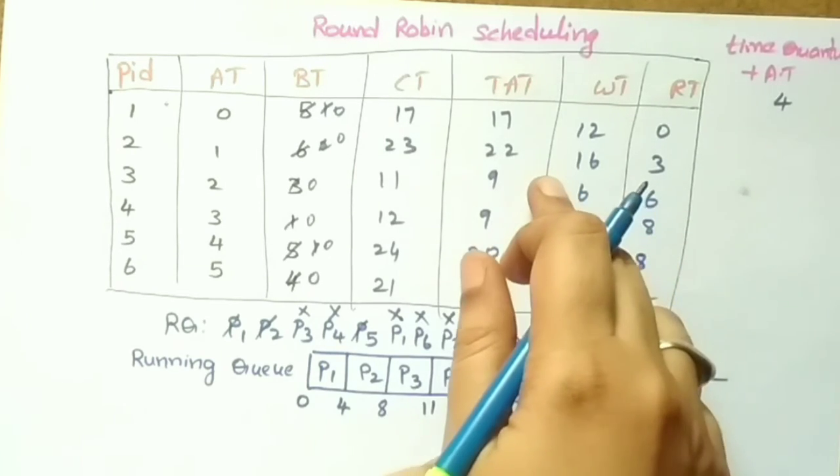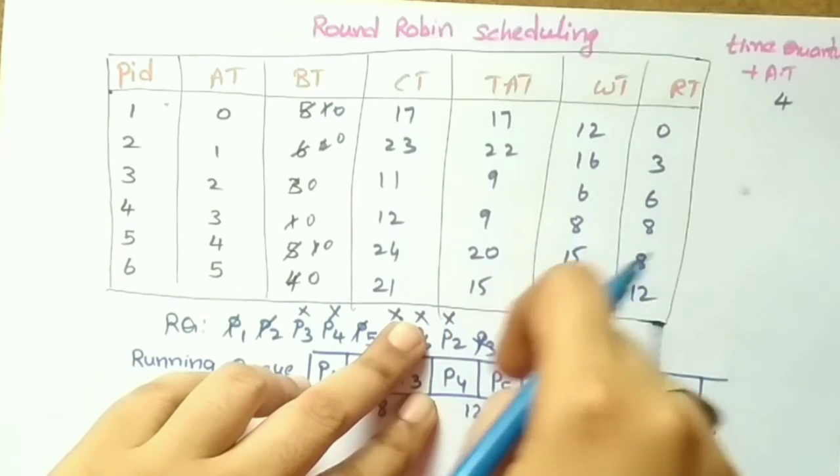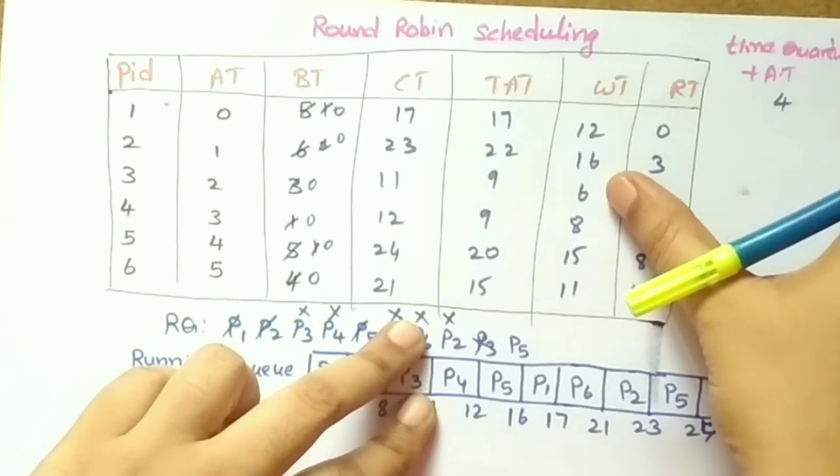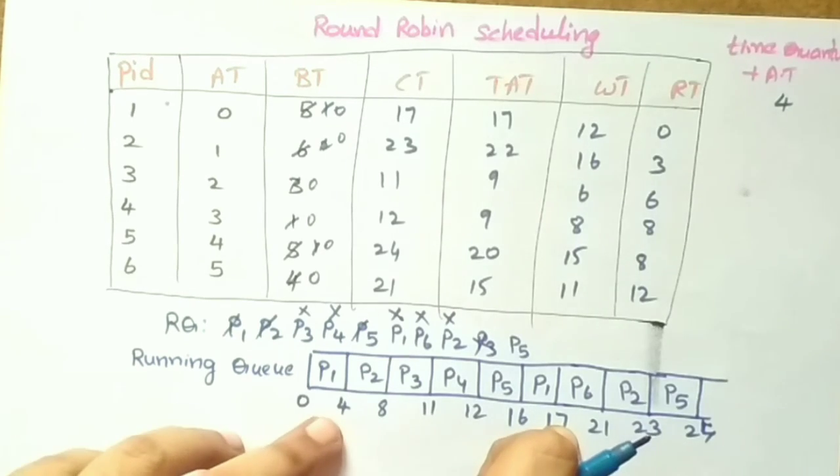And you have to calculate the average turnaround time and waiting time here. So total by 6, and the waiting time also total by 6 here.